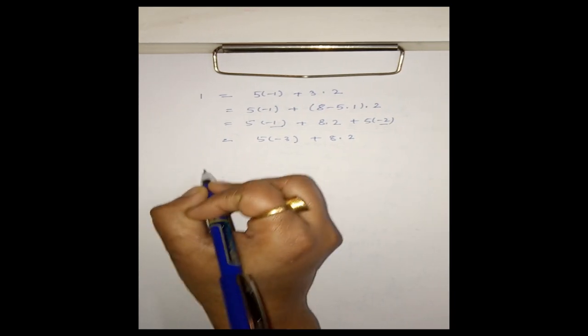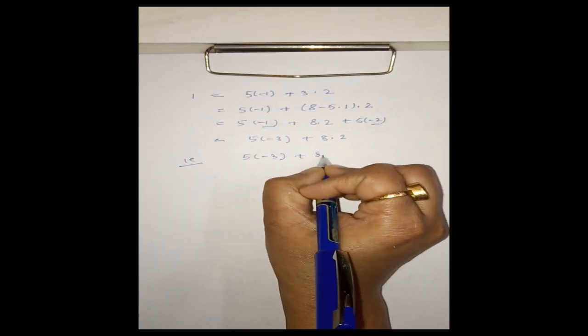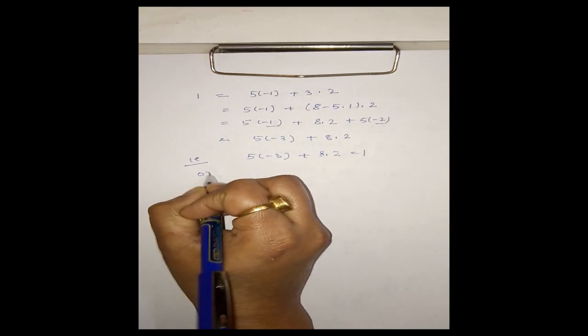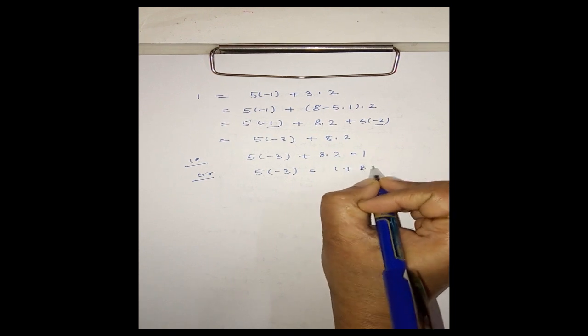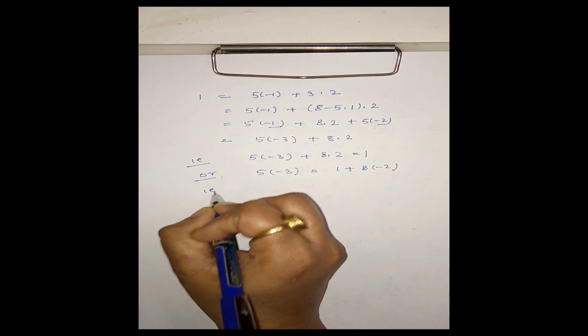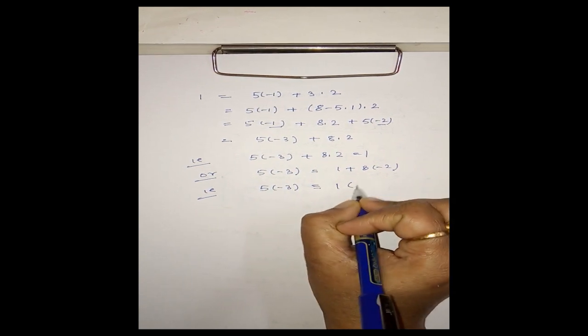Clear? That is 5 into minus 3 plus 8 into 2 is equal to 1, or 5 into minus 3 is equal to 1 plus 8 into minus 2. That is 5 into minus 3 is congruent to 1 modulo 8.